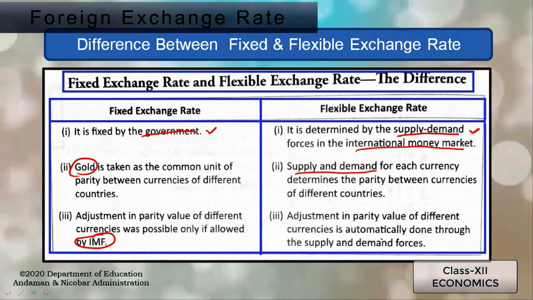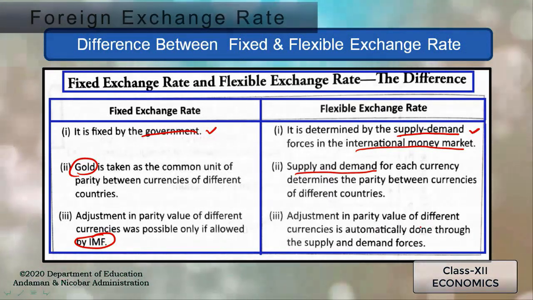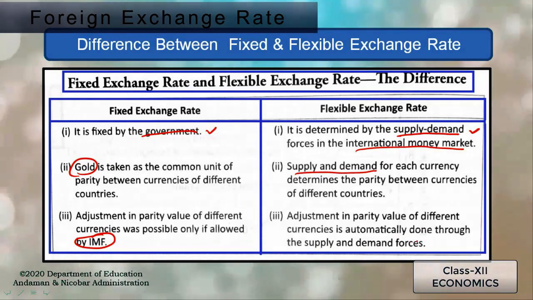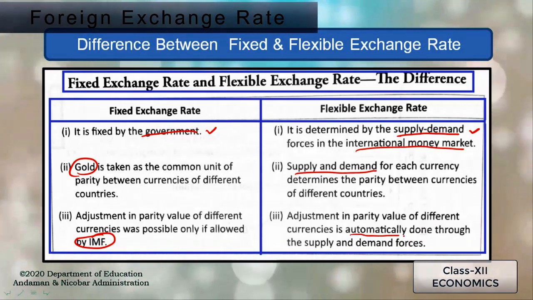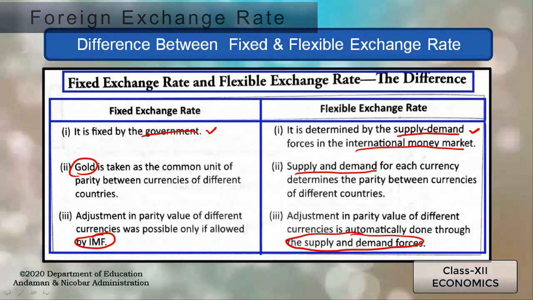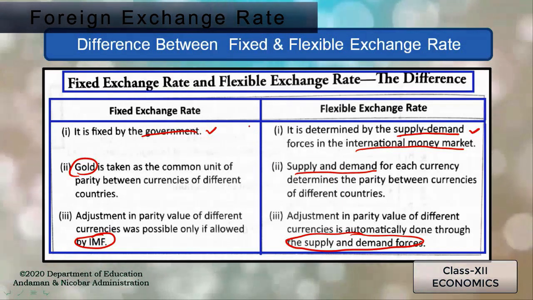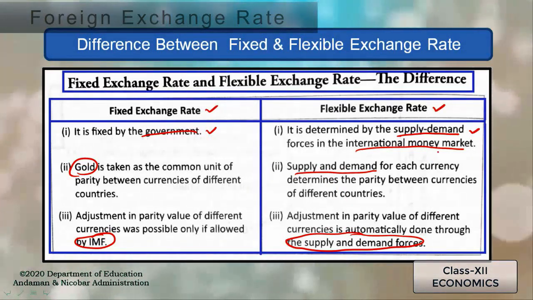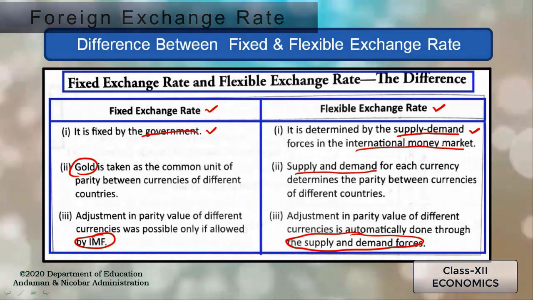But here the adjustment in the parity value of two different currencies is done automatically through the supply and demand forces of foreign currencies in an economy. So these are the basic differences between the fixed exchange rate and the flexible exchange rate of foreign currencies.